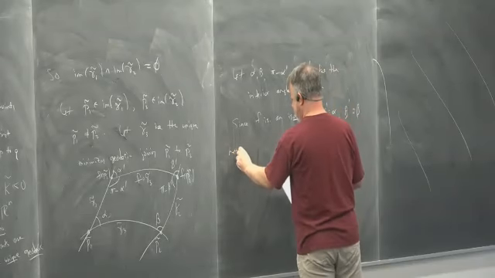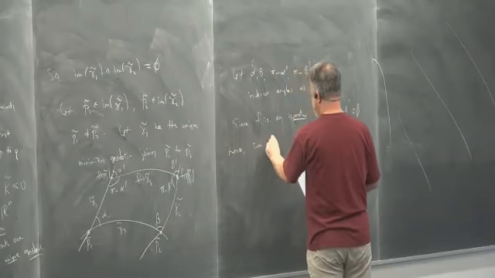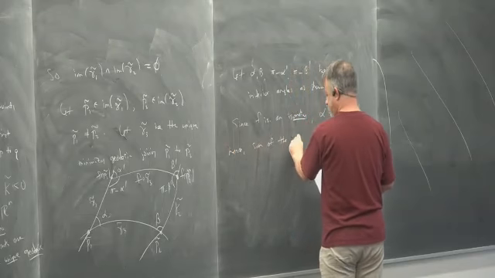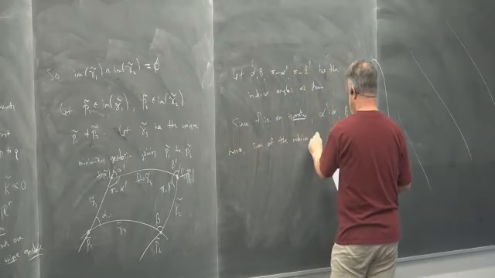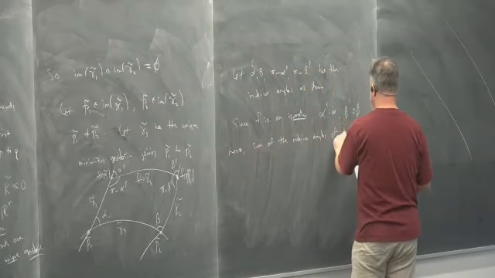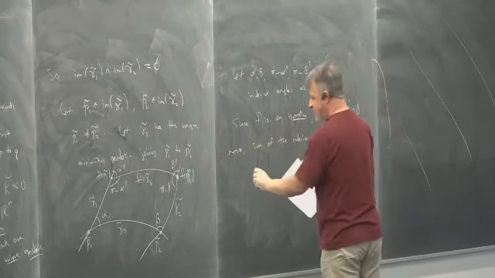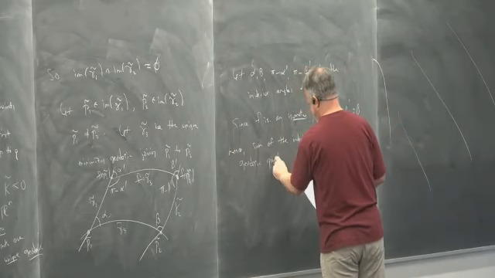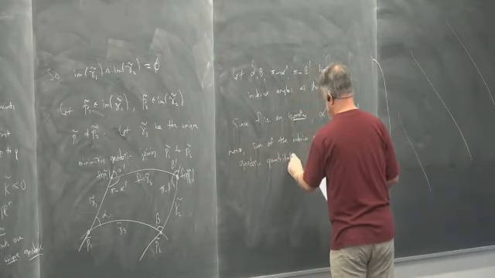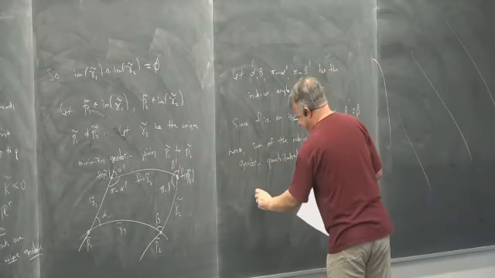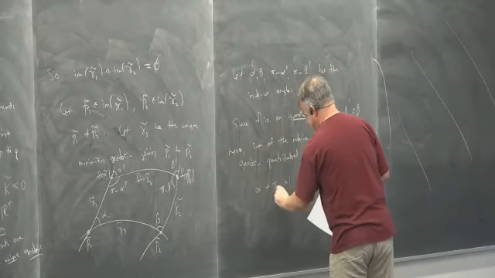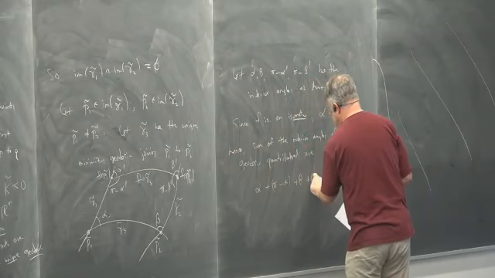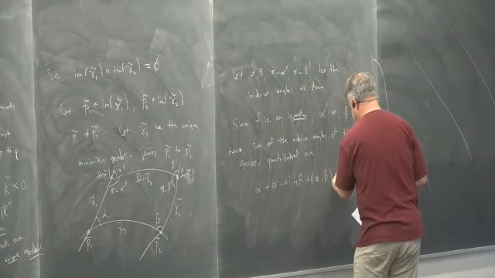Hence, the sum of the interior angles of this geodesic quadrilateral is alpha plus pi minus alpha plus beta plus pi minus beta, and that's 2 pi.